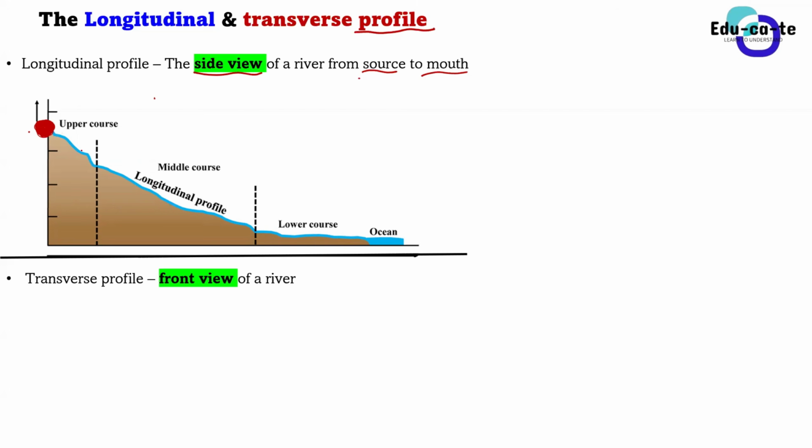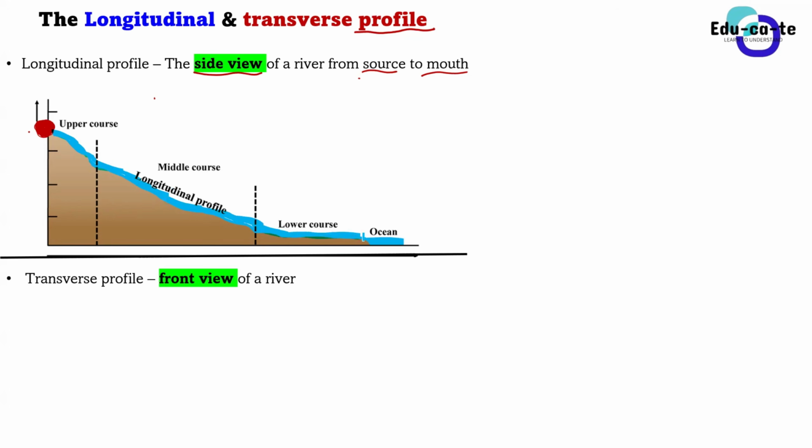This is your river. This blue here is representing your river's water that is flowing. So in this view, your river's water is flowing downstream, flowing downstream, until it gets to the lower course, and then eventually it will get into the ocean.